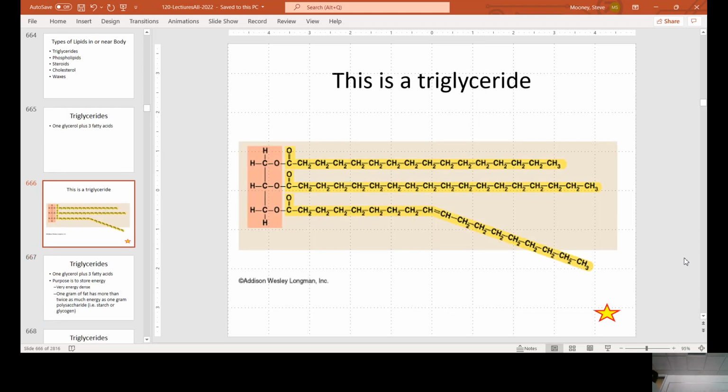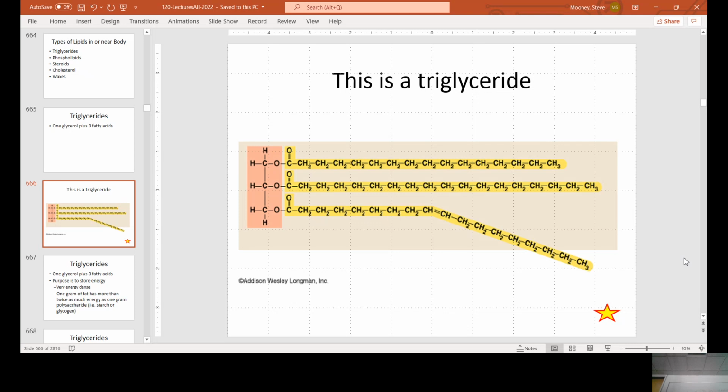So here's a drawing of what that looks like. We've got your glycerol molecule right here. Dehydration reaction connects these 3 fatty acids to that glycerol. The fatty acids vary in length. How long are they?